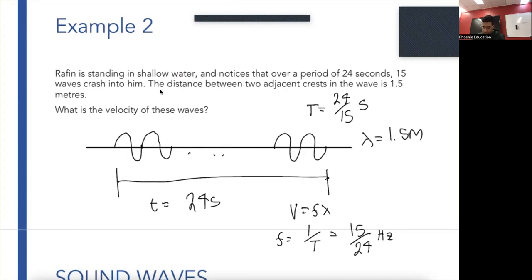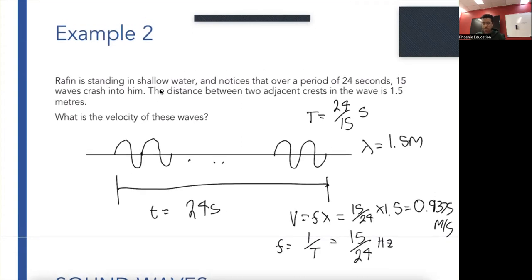Now plugging it all into our formula of v equals f lambda, we get 15 over 24 times 1.5, which gives 0.9375 meters per second. So that wasn't as complicated, but it's just a matter of drawing a diagram and trying to interpret what's happening in the question.